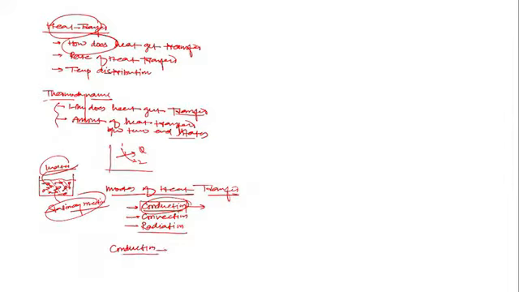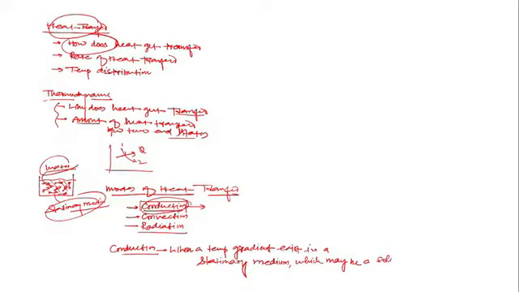As far as conduction is concerned, when a temperature gradient exists in a stationary medium, which may be a solid or a fluid, clear beta?